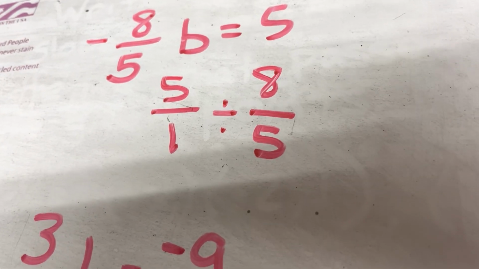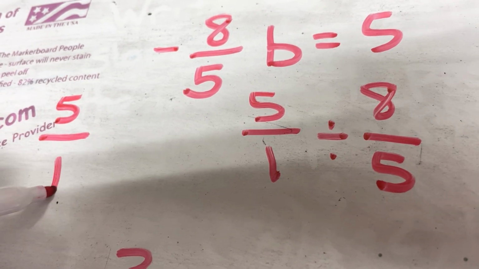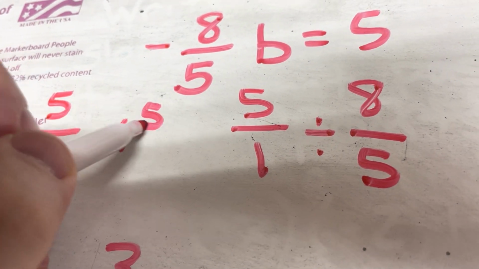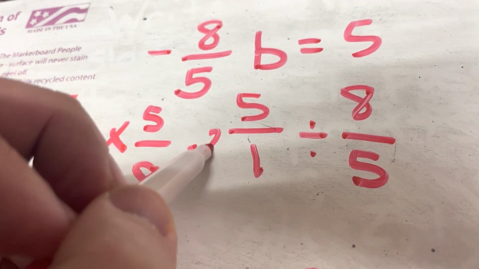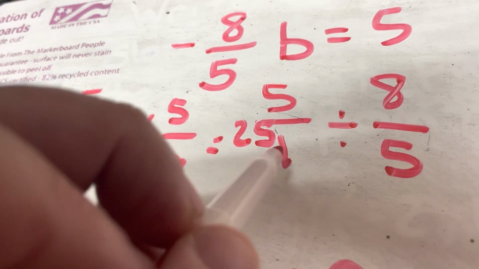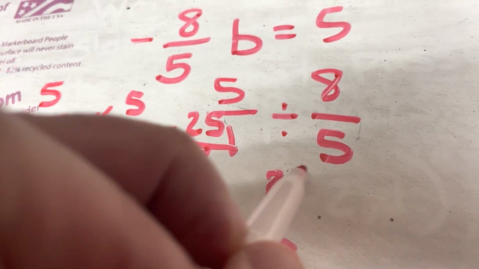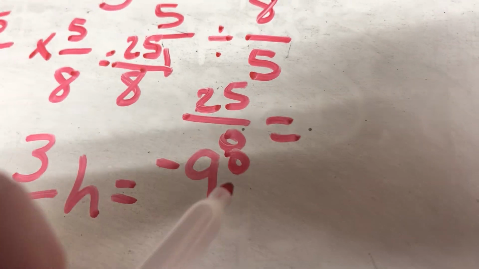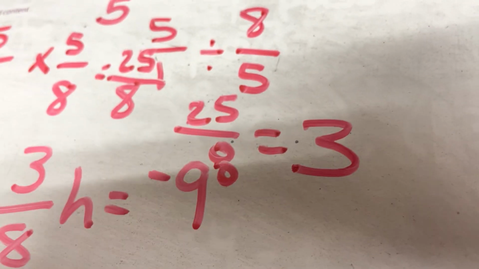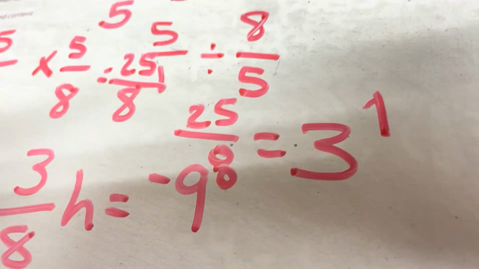Now I know that this is going to turn into a multiplication problem of 5 over 1 times 5 over 8. Well, 5 times 5 is 25. 1 times 8 is 8. I end up with 25 over 8. Well, that's an improper fraction. So 25 over 8. 8 can go into 25 3 times, with 1 left over because 8 times 3 is 24.